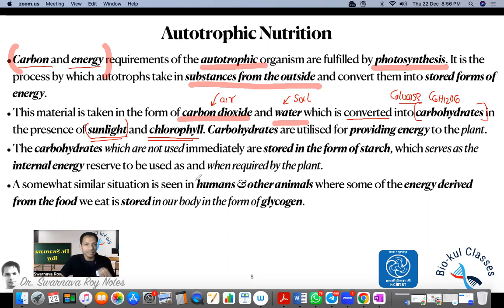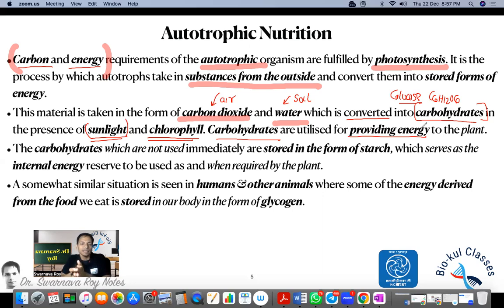So radiant energy is converted to chemical energy, and ultimately carbohydrate is formed. This carbohydrate is utilized for providing energy. Plants make this carbohydrate in the form of glucose. The glucose is broken down, and from this glucose, energy in the form of ATP is derived.